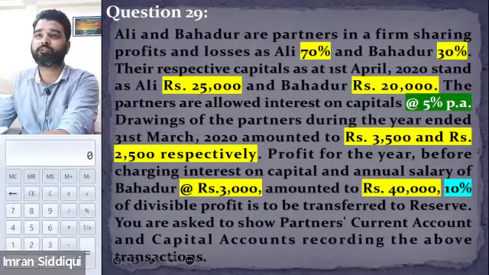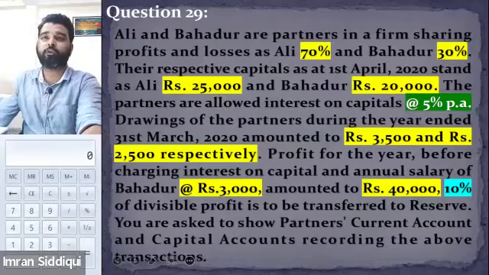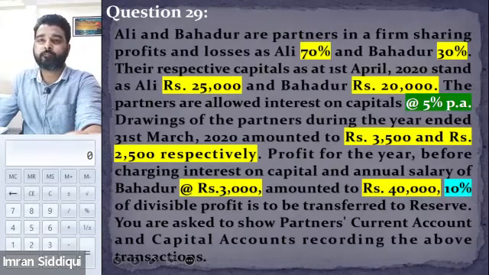Then the question also says that drawings of the partners during the year ended 31st March 2020 are 3,500 and 2,500. See, drawings are not meant to be recorded in the P&L appropriation, right? Only interest on drawings will be recorded in the P&L appropriation.